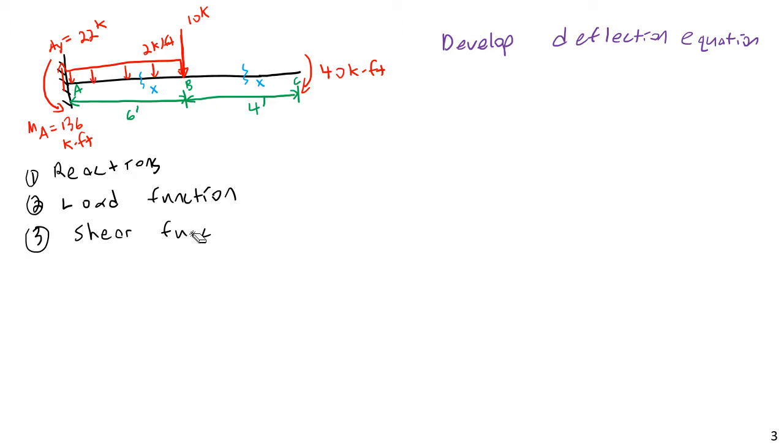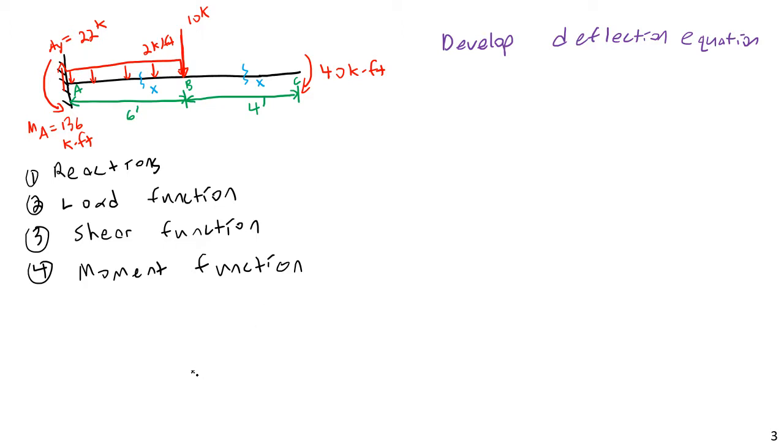And the fourth step would be to get the moment function. We could do this either via integration or the method of sections, any way you want. Actually, method of sections would probably be the easiest here. But again, I think you know how to do this by now, so I'm not going to belabor the point and spend a lot of time on it.